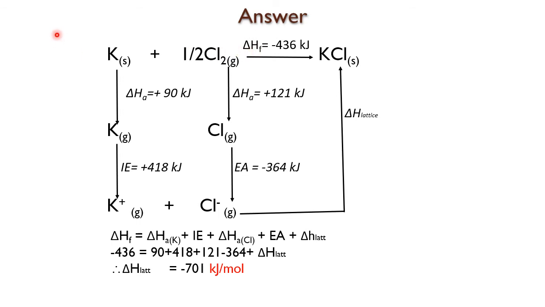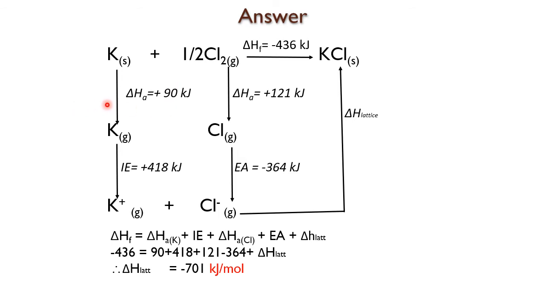Then from the element, it will become potassium gas. This is called enthalpy of atomization. Please check again the definition of enthalpy of atomization: from the element to gaseous atom. Same for here, this is the enthalpy of atomization of chlorine molecule.